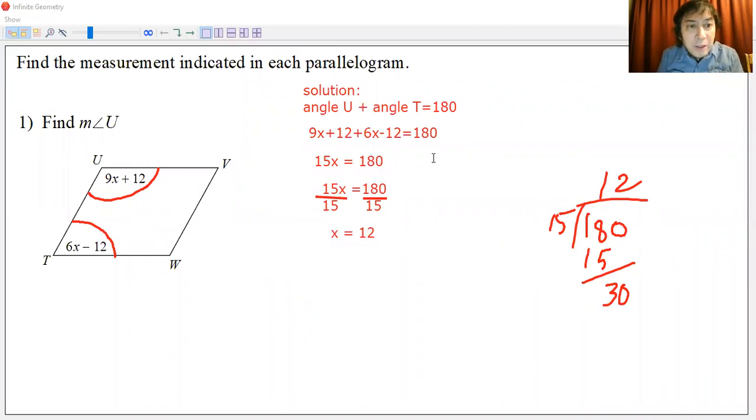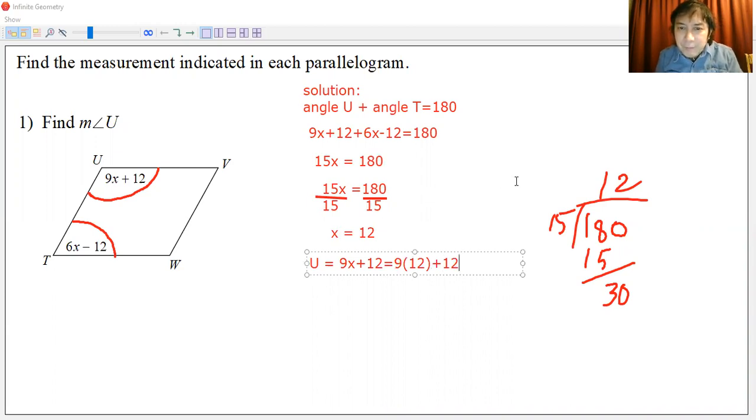Okay, after obtaining the x, we can now use this value to solve for angle U. Angle U measures 9x plus 12. So the measure of angle U, this is now capital U, all right? This will be 9 times our x, which is 12, and then plus 12, okay?